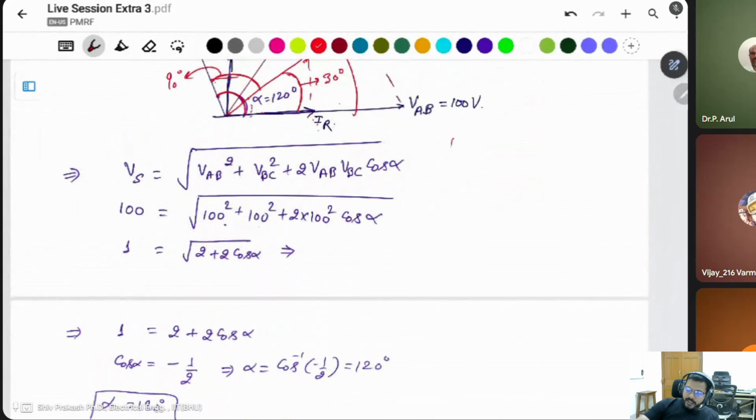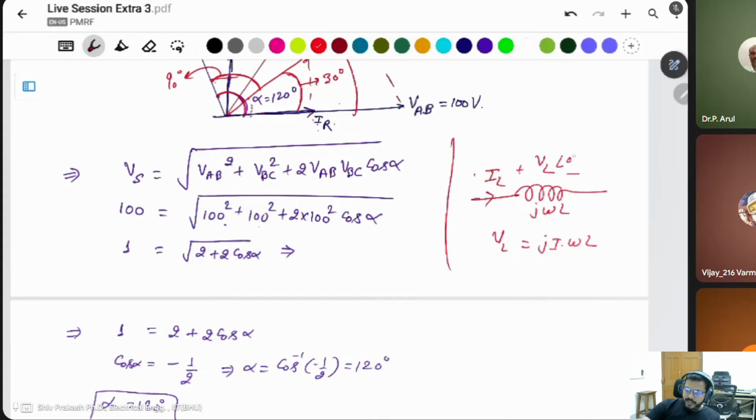you know about the inductor, its current, suppose I, and suppose VL is the voltage, the impedance of this one is j omega L. Then what is the VL? VL you can say as j I into omega L. Suppose VL has angle 0 degree, then what is the I in this case?